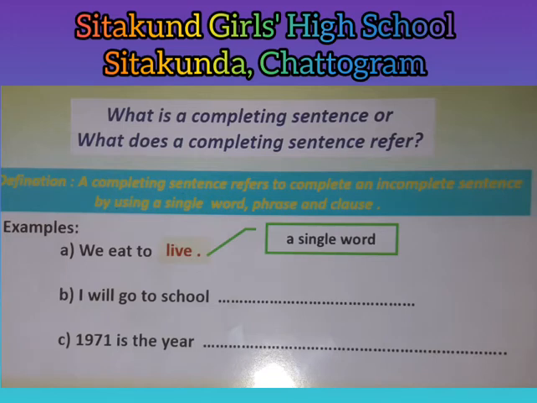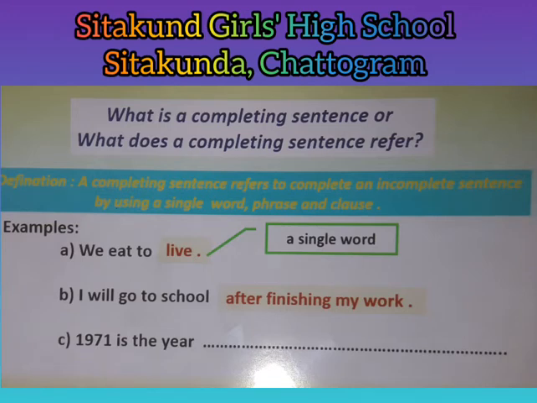So here leave is a single word. By writing a single word, you can complete a sentence. Now, I will go to school. By writing a phrase, you can complete the sentence. I'll go to school after finishing my work.